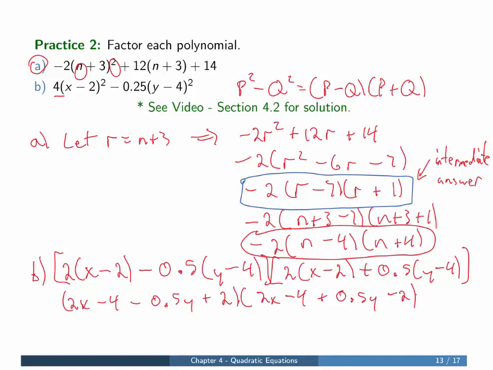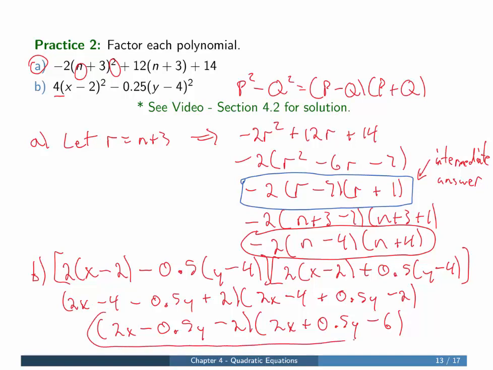The complete opposite of the one before. Then my final answer will be 2x minus 0.5y minus 2. When I collect like terms, we have 2x plus 0.5y. And here's where we're going to have a slight difference. It's going to be minus 6. And that, my friends, is our solution.